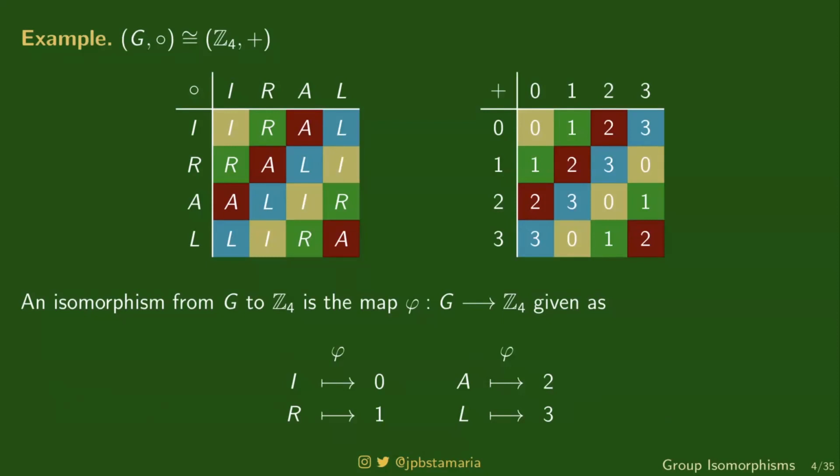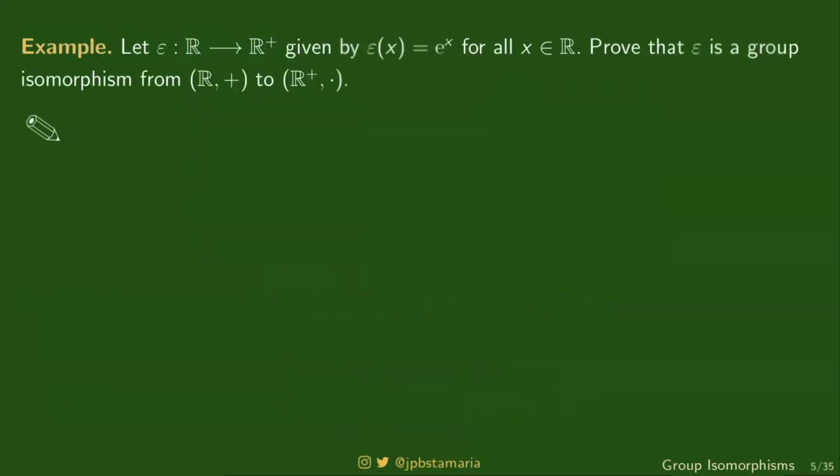Ilang pairs ang i-consider mo? 16. Kasi meron kang 16 elements in your table. No? Pero hindi nyo na kailangan i-check kasi by just looking at the colors, it really, indeed, is an operation preserving map. No? Tingnan nyo na lang yung kulay. Kaya kung nga kinulayan, so you can see that this is operation preserving.